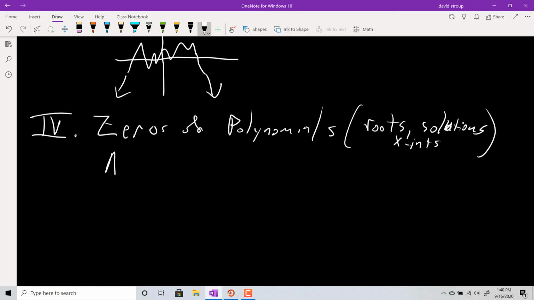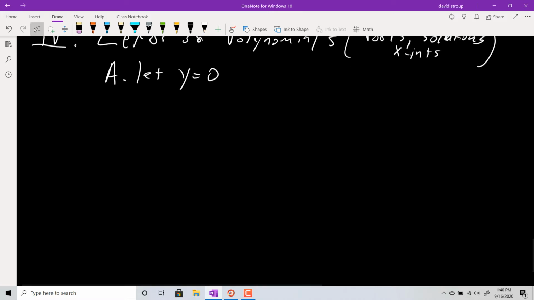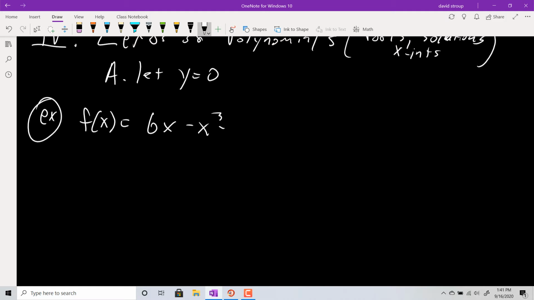So to find the zeros, you let y equal 0 and solve. Let's look at an example: f of x equals 6x minus x cubed minus x to the 5th. With the higher degree, it's harder to factor them and find the answers, so we're going to have to develop more methods in the coming sections for finding zeros.